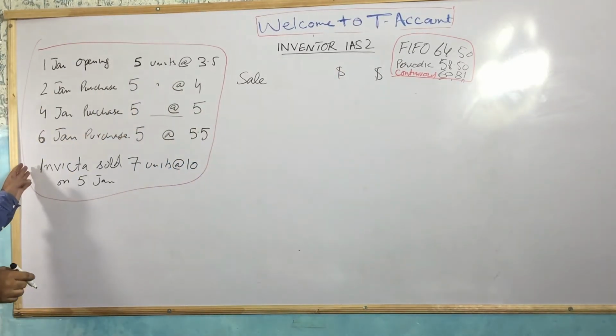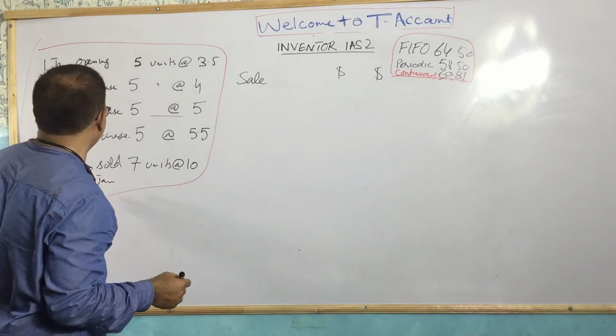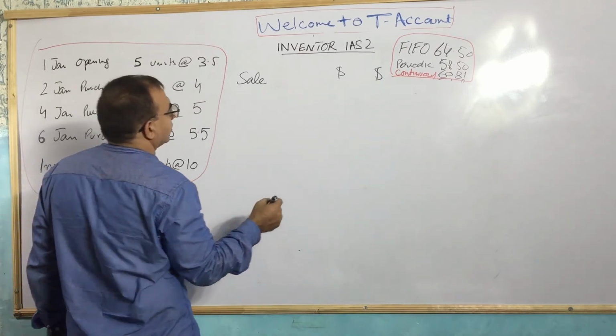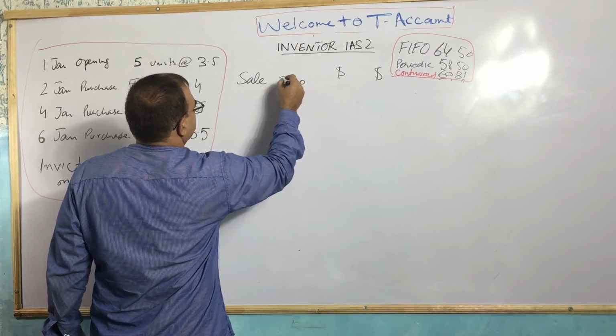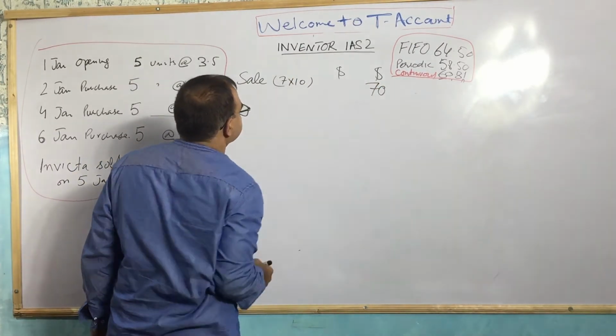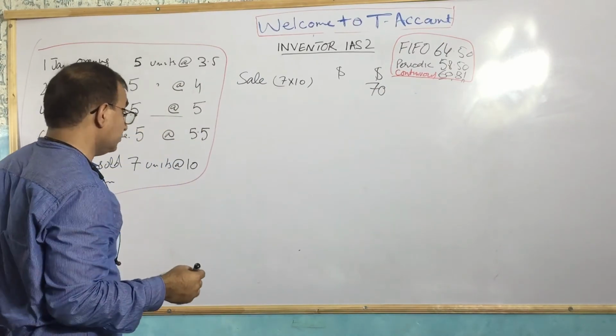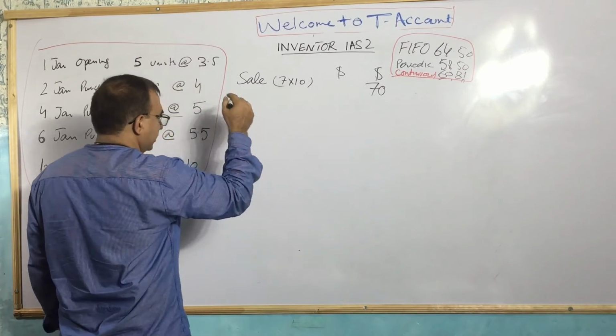That's why the book has given this information. Invicta sold 7 units at $10. 7 into 10. How much is that? Sale is $70.